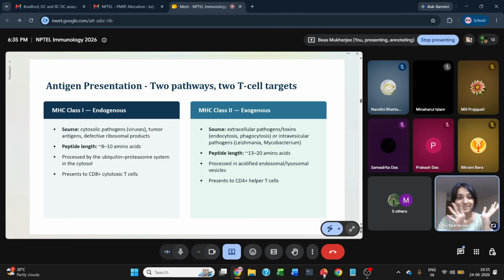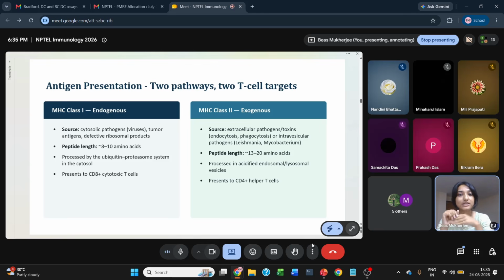If this has entered, you're dead. So pathogens can enter our body from the food that we eat, the water that we take in, the air that we breathe, from everywhere. And the peptide length is around 13 to 20 amino acids, processed in acidified endosomal or lysosomal vesicles.